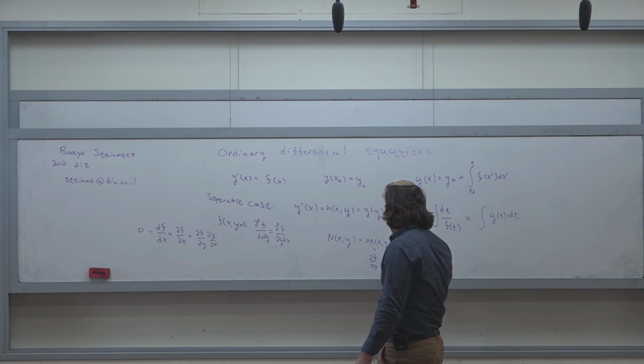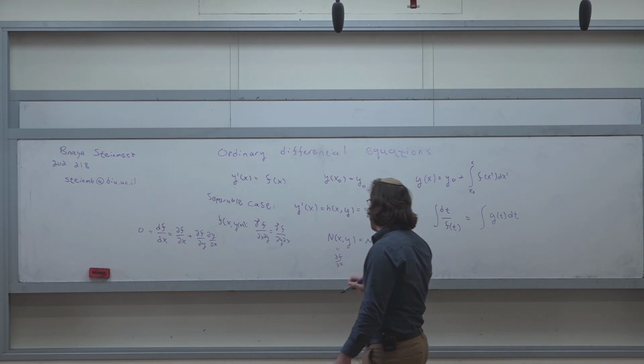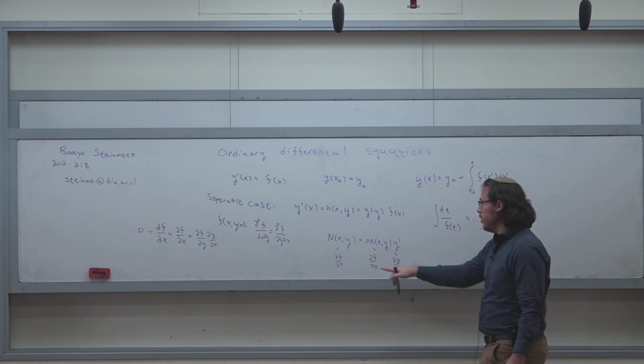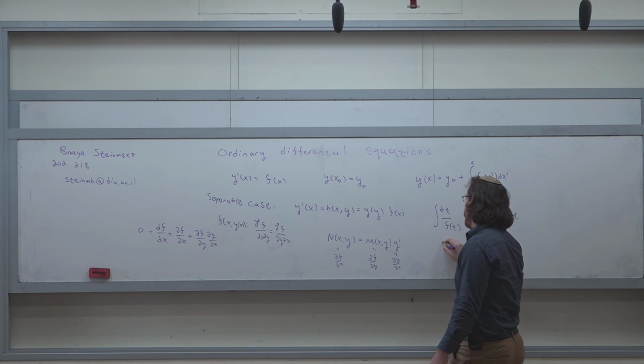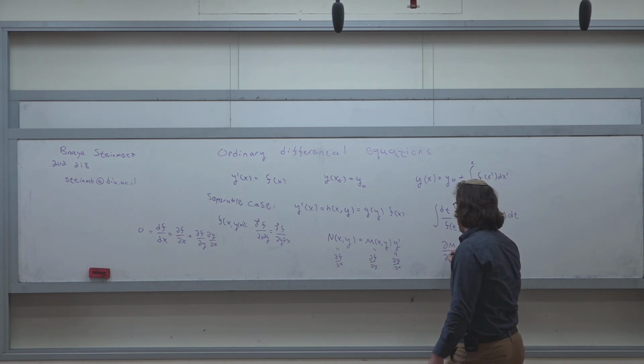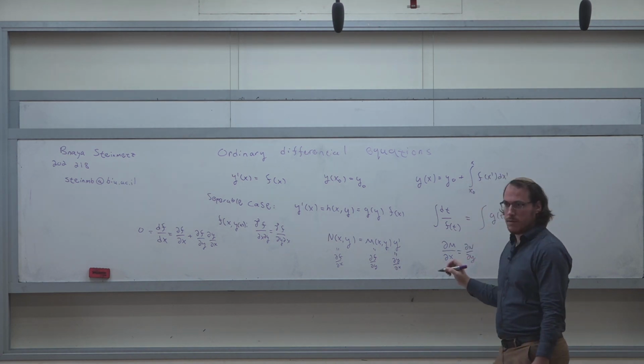But if this is the case, then from this it follows that dou M to dou x should be equal to dou N to dou y. Okay?